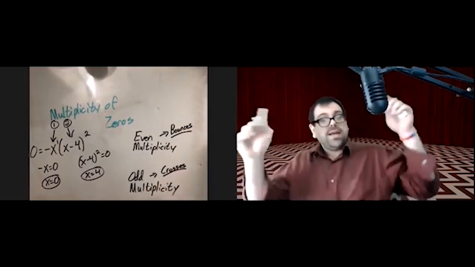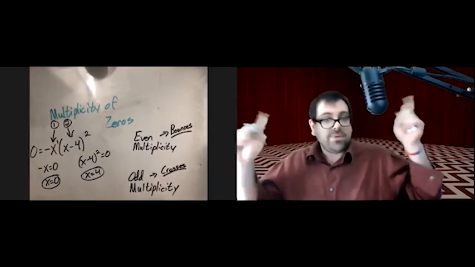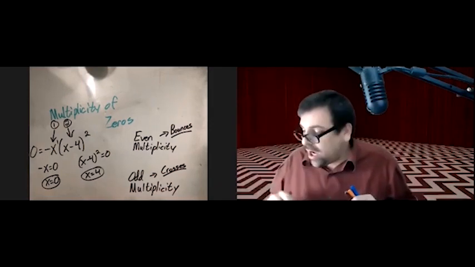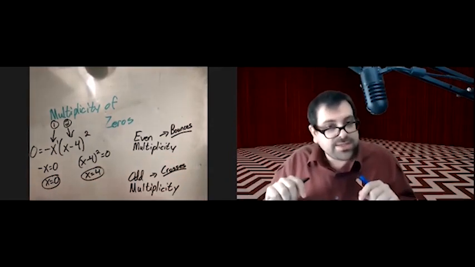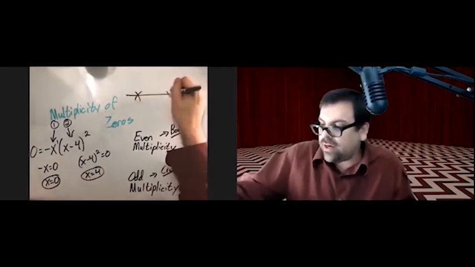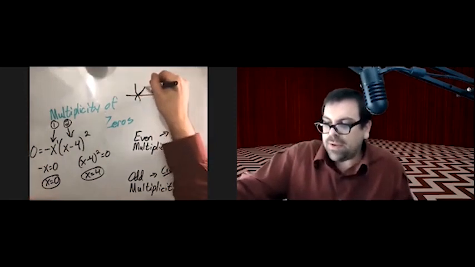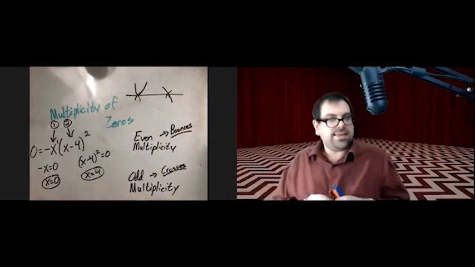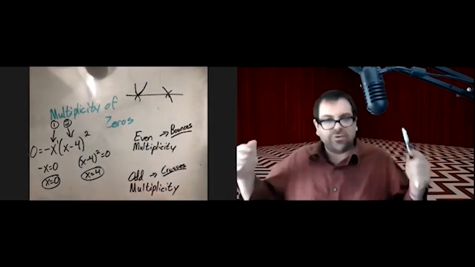So just like we have end behavior, where we can figure out what's happening on the left and right, we also now know what's happening at the zeros based on the multiplicity. The zeros just tell us that they're on the x-axis. The multiplicity tells us if we bounce off or if we cross at the x-axis, which is useful when you're trying to draw a graph.